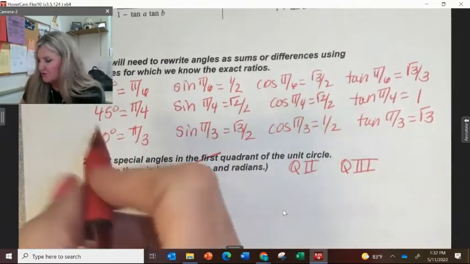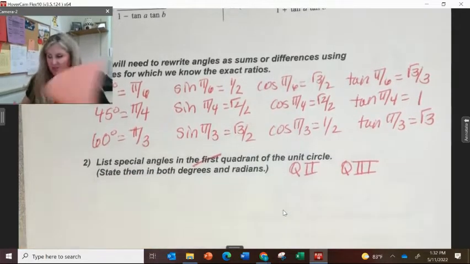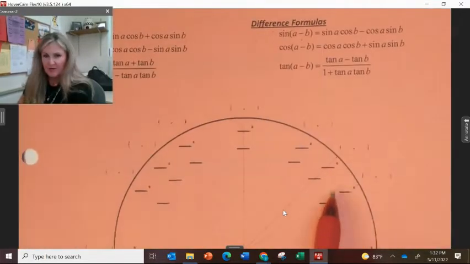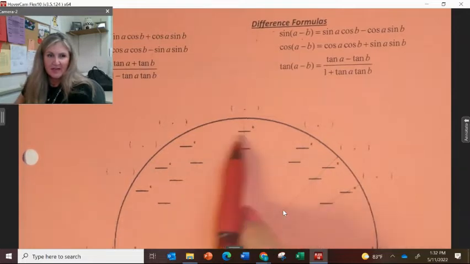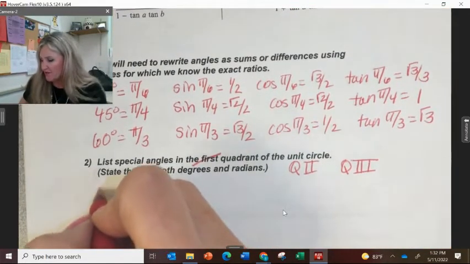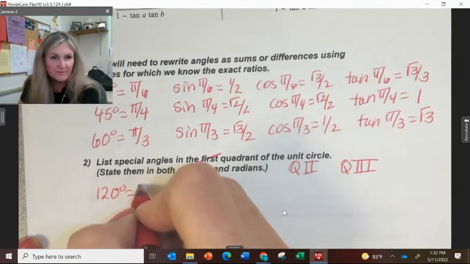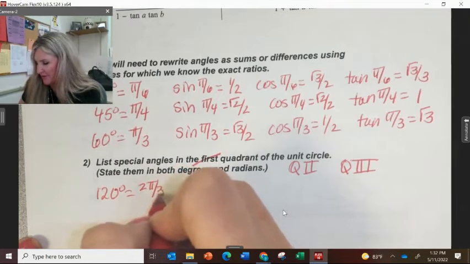In quadrant 2, the first angle that I would come to as I move around the unit circle, it goes 30, 45, 60, 90. This one would be 120. What is 120 in radians? 2 pi over 3, right?